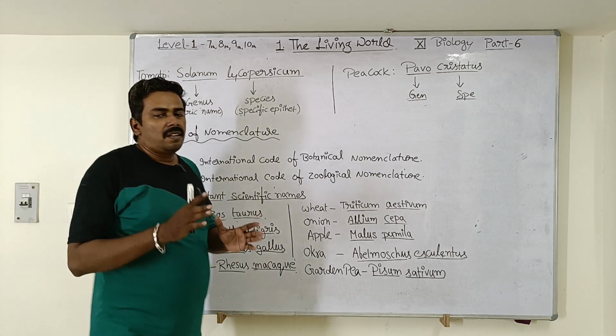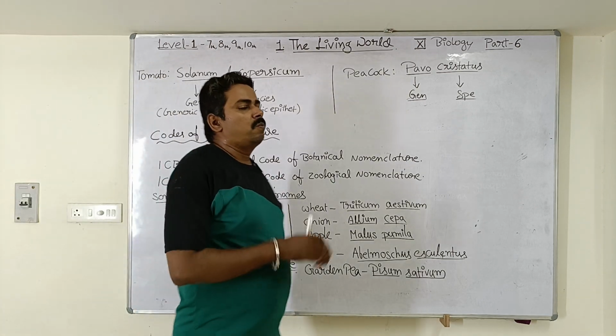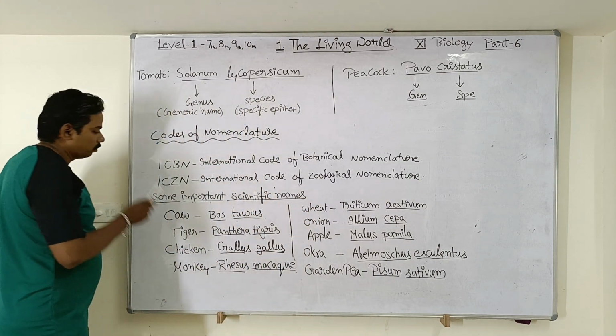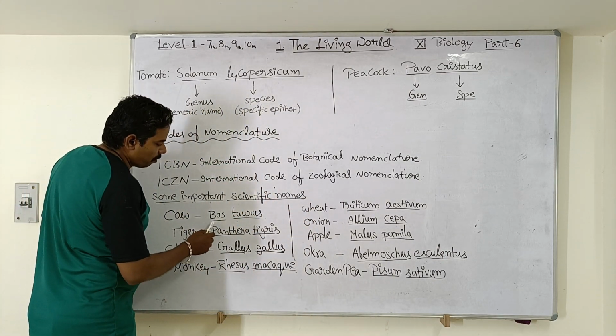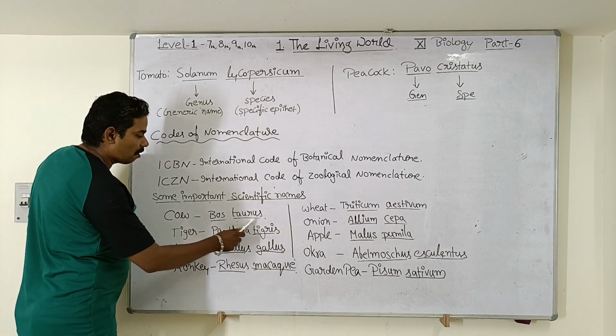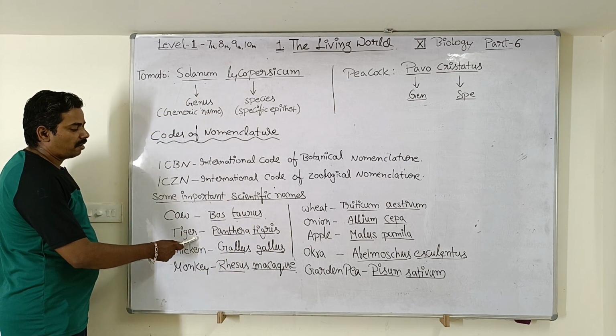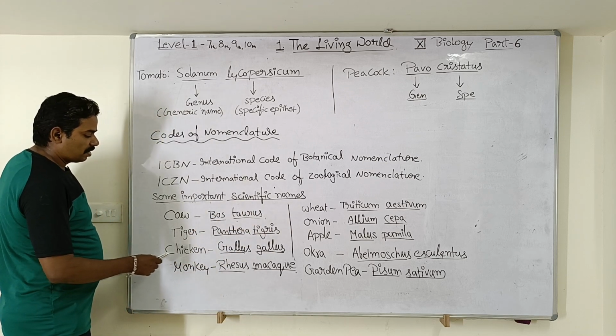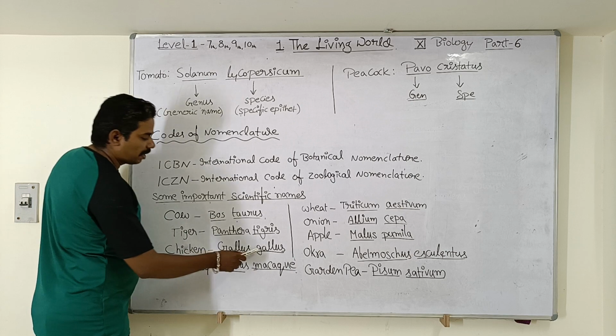Now we will discuss some important scientific names of both animals and plants. First we will start with animals. Cow. Cow's scientific name is Bos taurus. Tiger, Panthera tigris. Chicken, Gallus gallus.